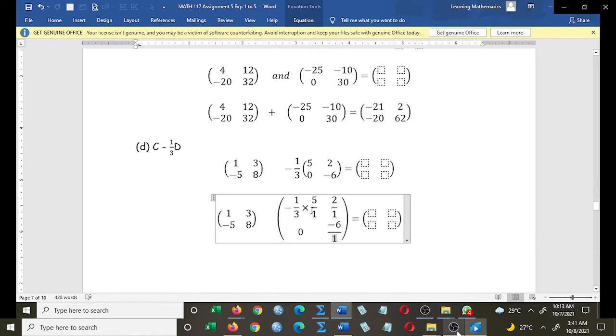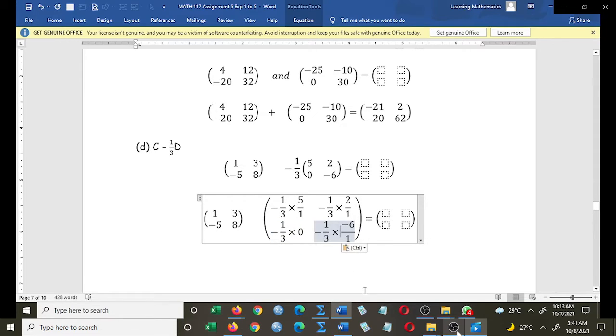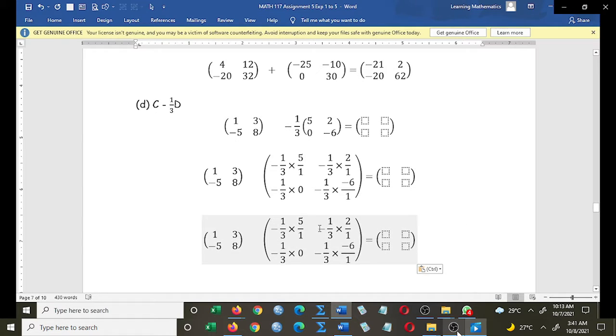So now we're taking that whole minus a third. Minus a third times 5 over 1. Minus a third times 2 over 1. Minus a third times 0. Minus a third times minus 6 over 1. And now we can speak in terms of calculators. In your calculator, what is negative a third times 5 over 1?